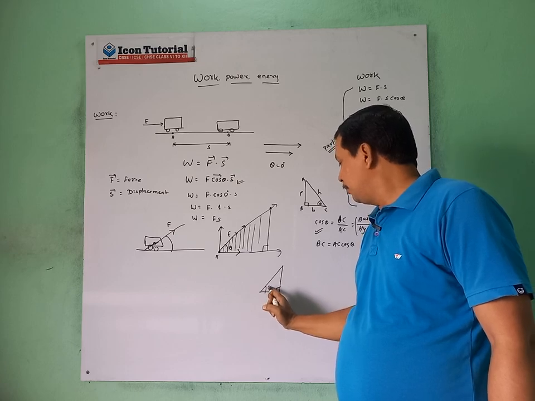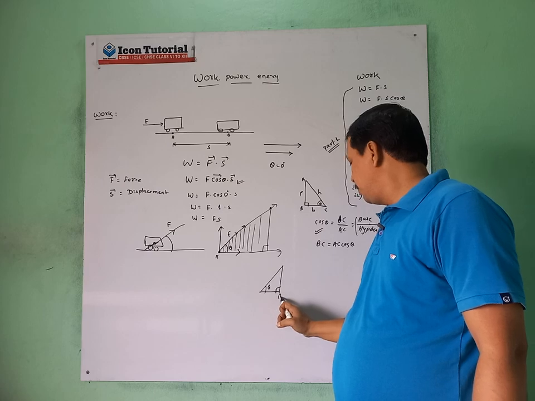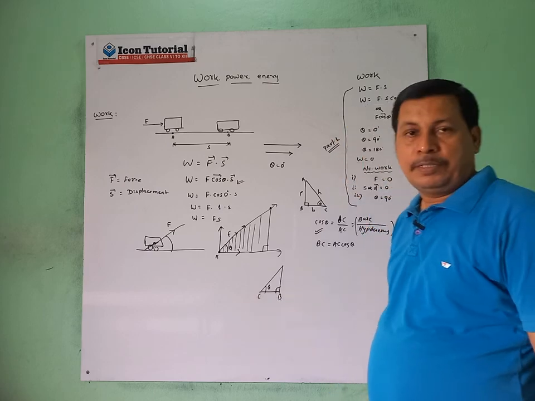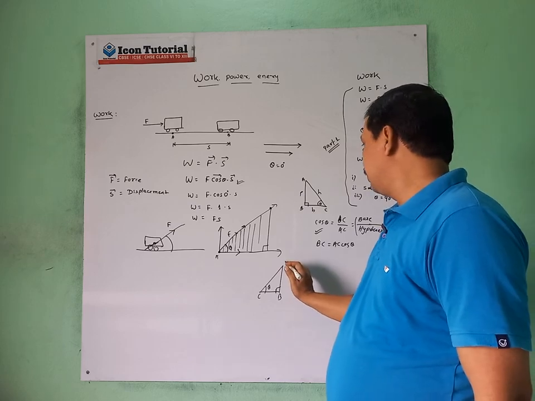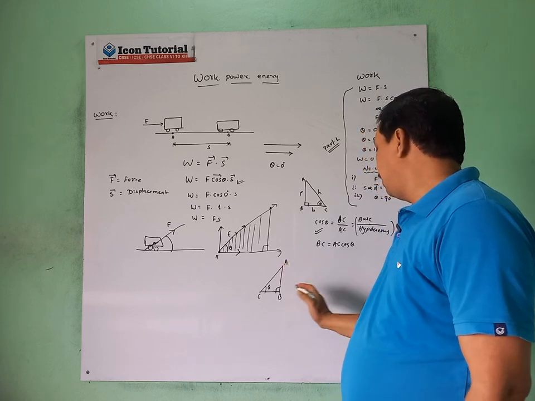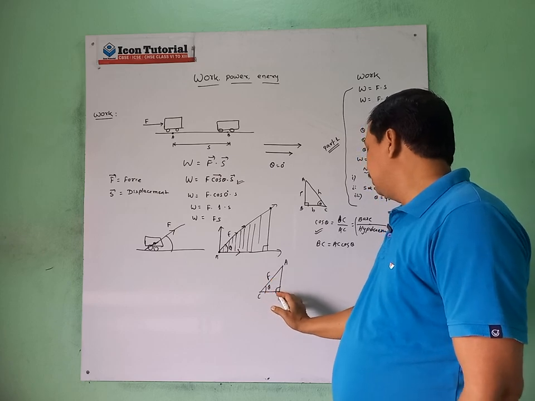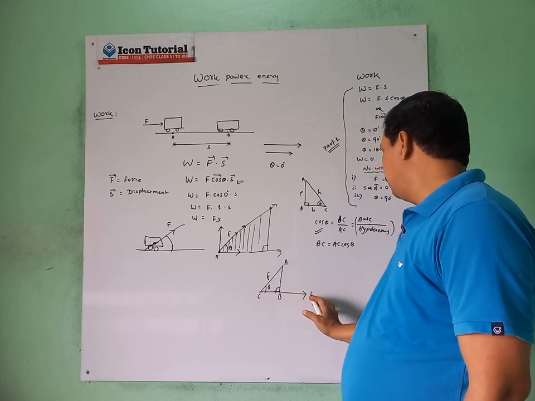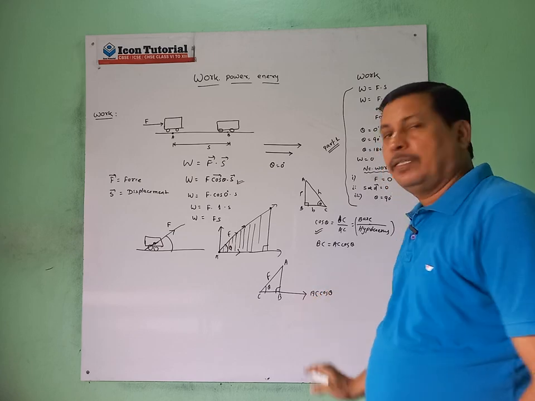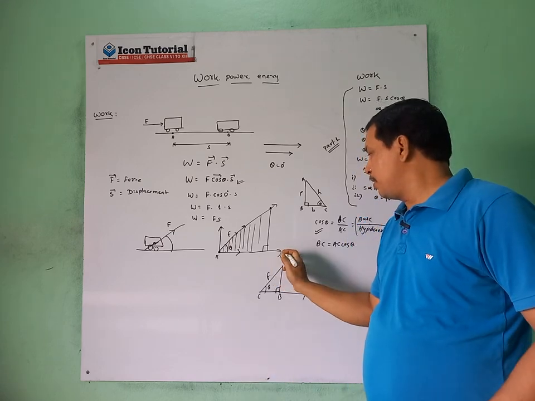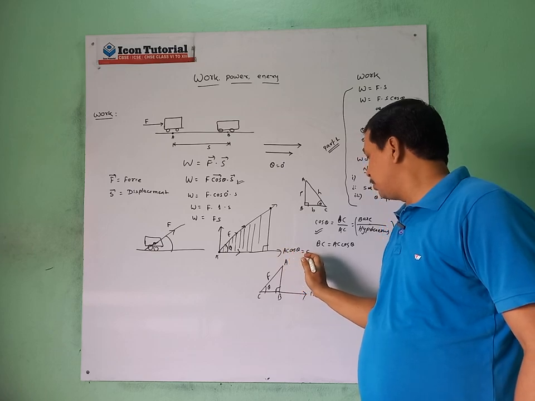So this is theta. I call this the base. Suppose this is B and this is C. In triangle ABC, this is your A, so cos theta = BC/AC, where AC is the force F. This force F, so BC is equal to AC cos theta, which is equal to F cos theta.